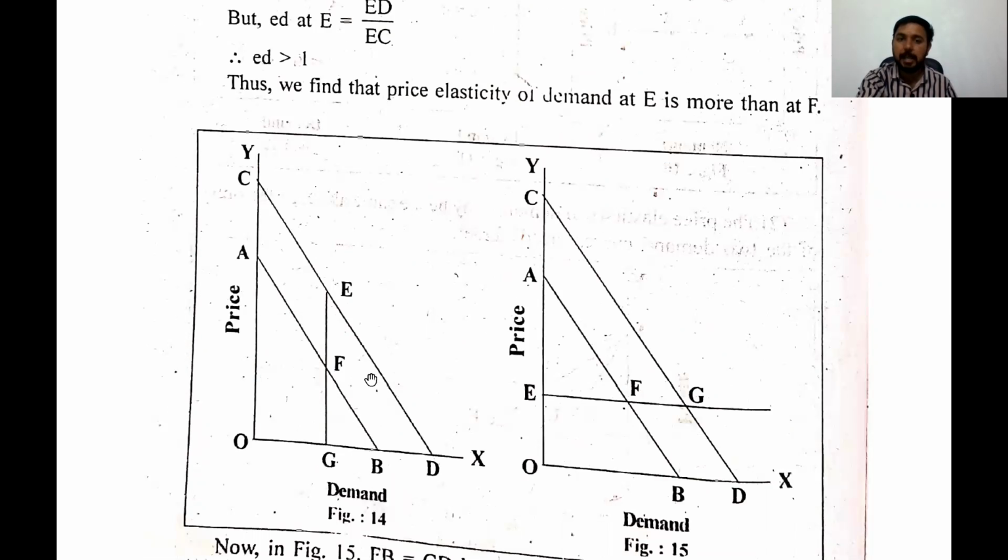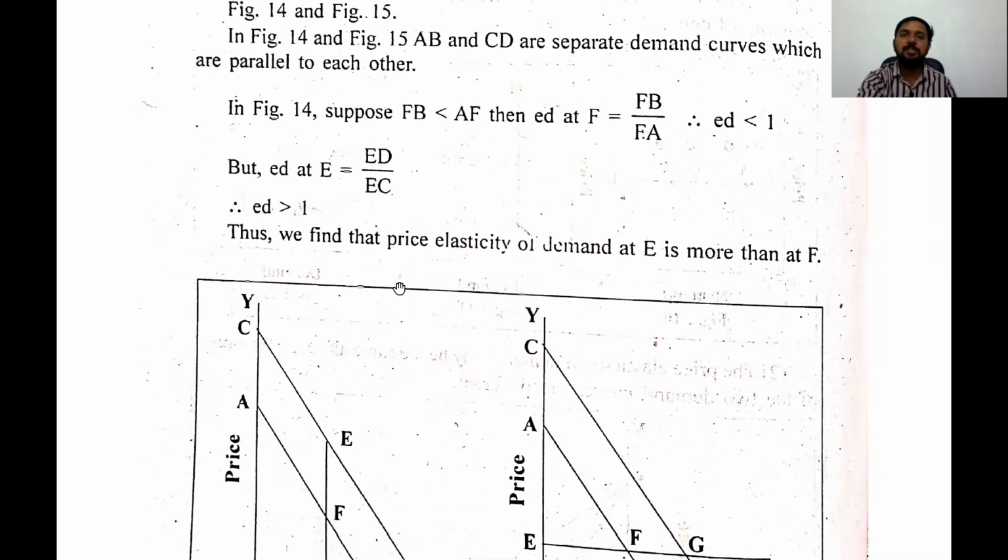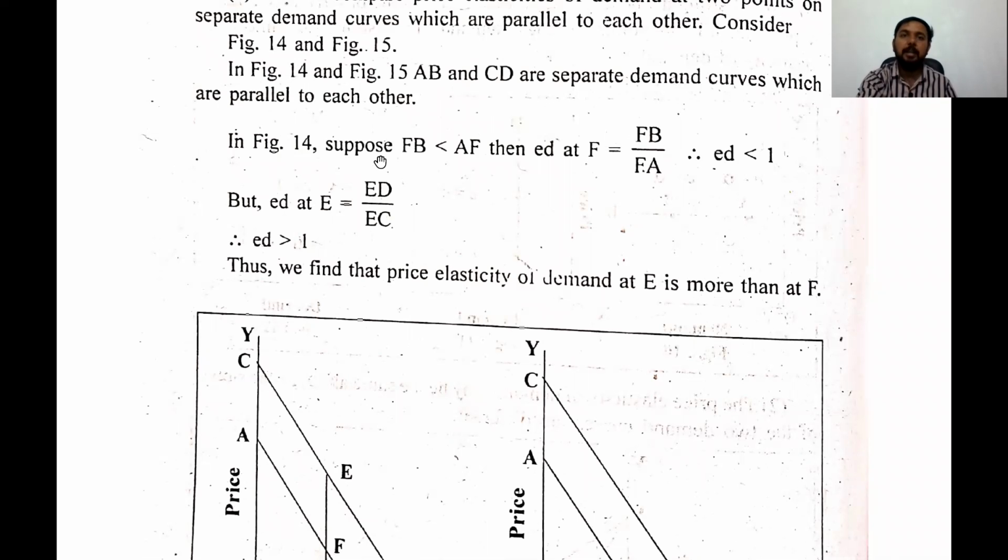Then ED must be greater than CE, because both are parallel. So you need to understand that when FB is greater than AF, ED is greater than CE.